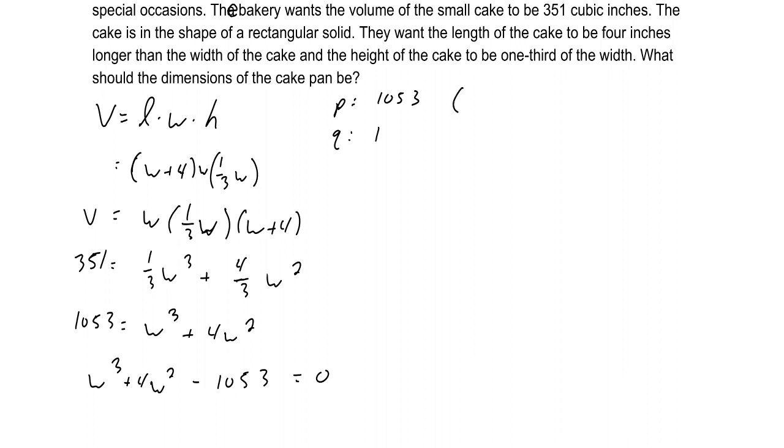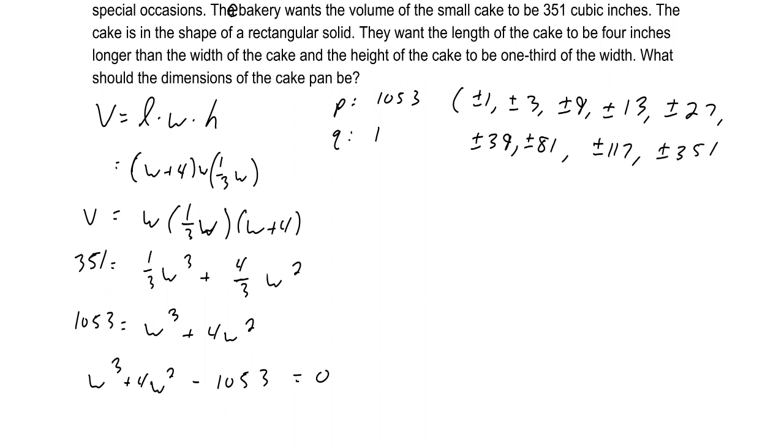So 1053 has lots of factors: plus or minus 1, 3, 9, 13, 27, 39, 81, 117, 351 as we saw earlier, and 1053.